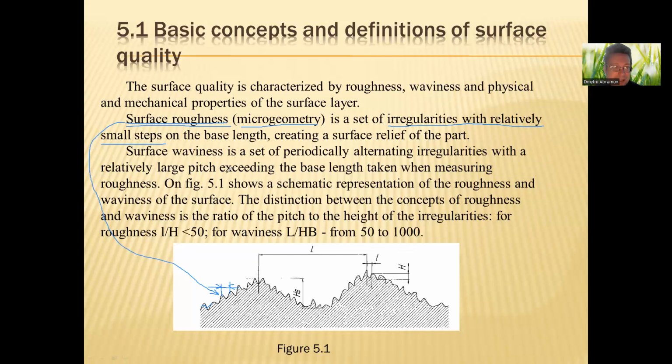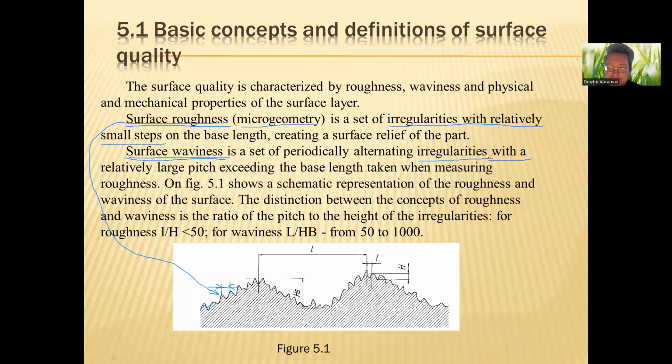And the next type, it's surface waviness. Surface waviness is a set of periodically alternating irregularities with a relatively large pitch or step.